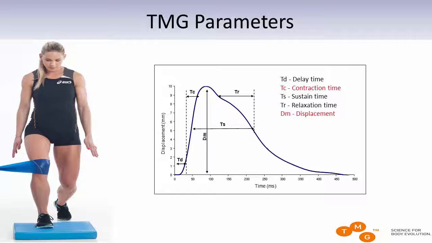This parameter has more than 90% correlation with muscle composition. So the more fast twitch fibers you have in the muscle that you're measuring, the shorter this contraction time will be, and vice versa. It also has quite high correlation with some performance tests.